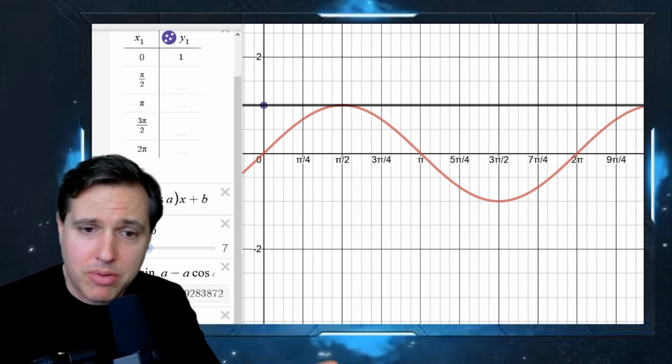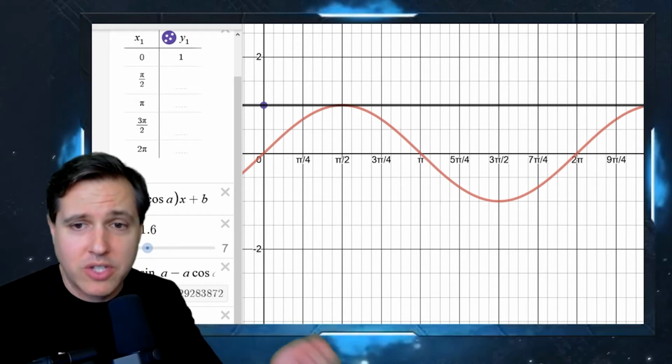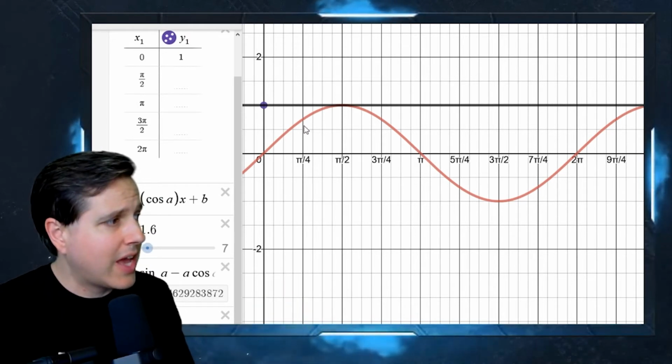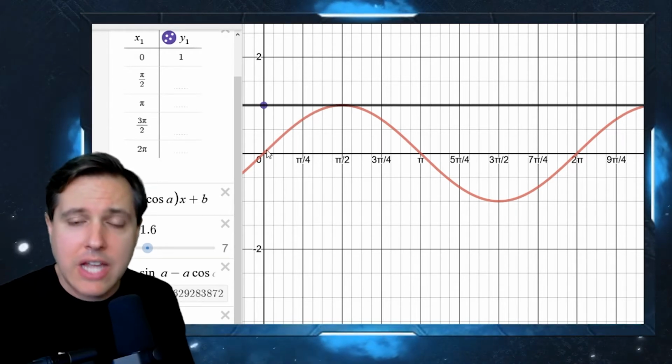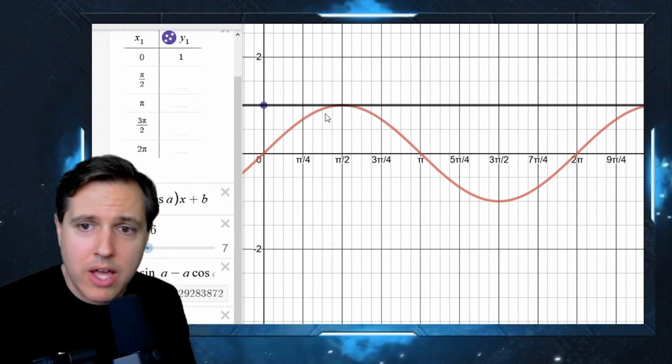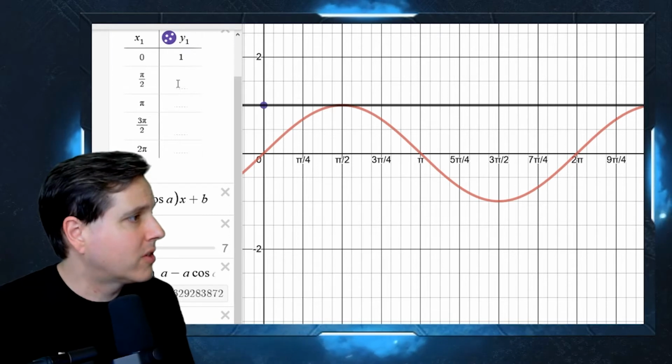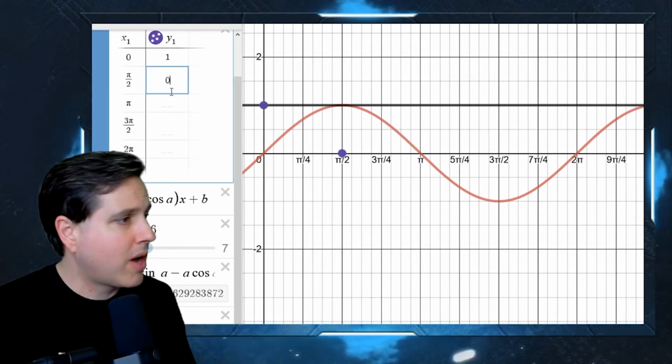That tangent line, the black line we're looking at, should have a slope of 0. So as we move along this curve from 0 to pi halves, our tangent line slopes are reducing from 1 to 0. So this value should probably be 0.